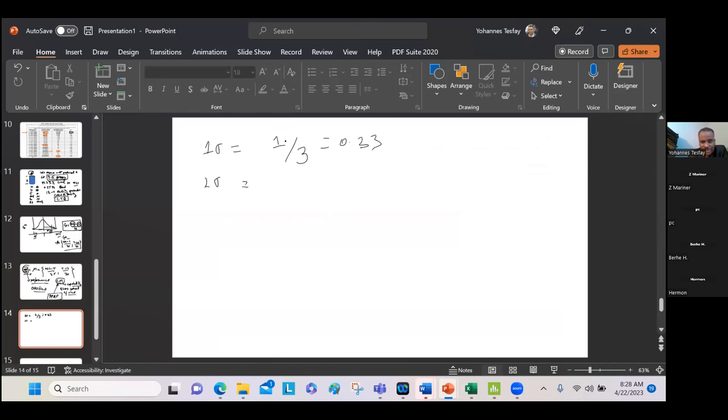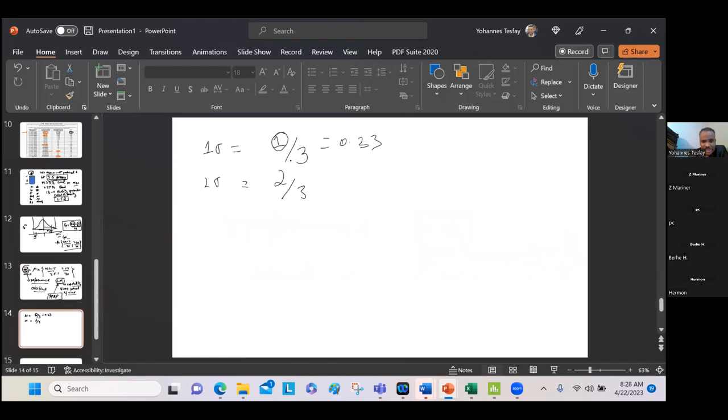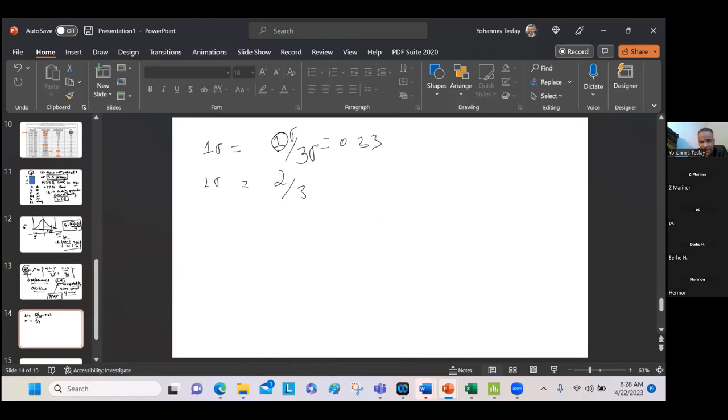What about 2 sigma? 2 sigma is 2 divided by 3, because this is the same as 1 sigma divided by 3 sigma. It means that's what we're putting. This is 3 sigma here, 3 sigma right there. So same here. It's 1 sigma just like that, and 2 sigma over 3 sigma, and this is 0.67. And if it is 3 sigma, you divide 3 sigma by 3 sigma, and that is 1.